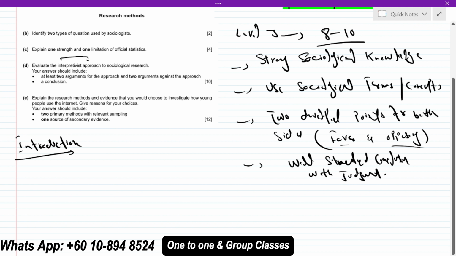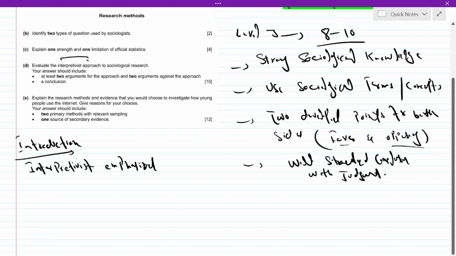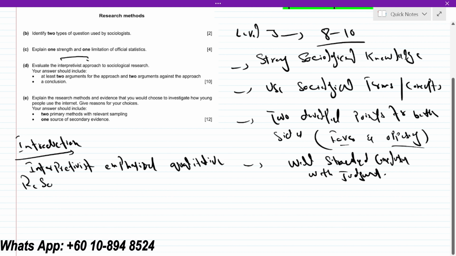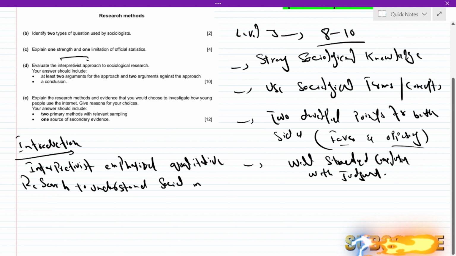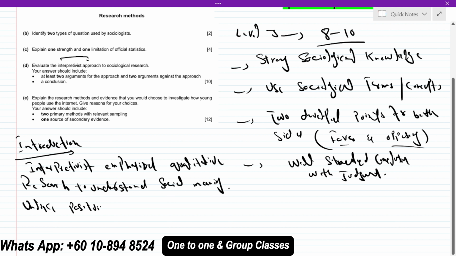Start from that term. So interpretivists emphasize qualitative research to understand the social meaning, unlike positivists who prefer the scientific methods.